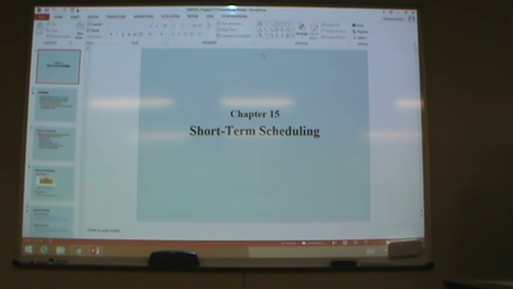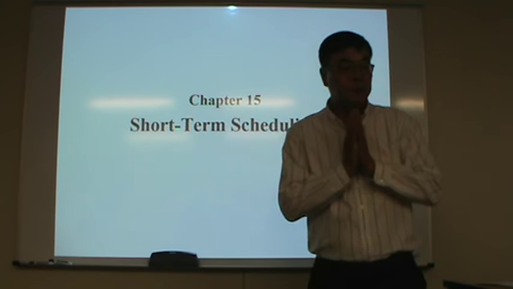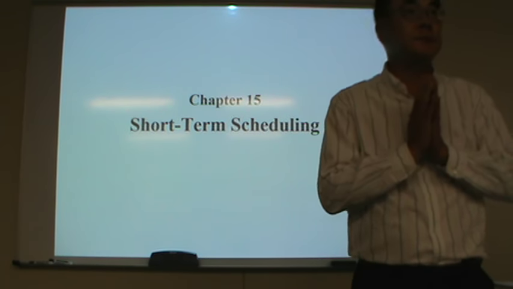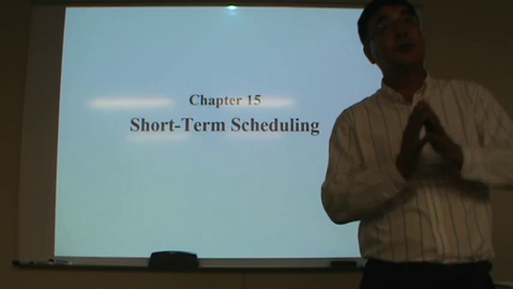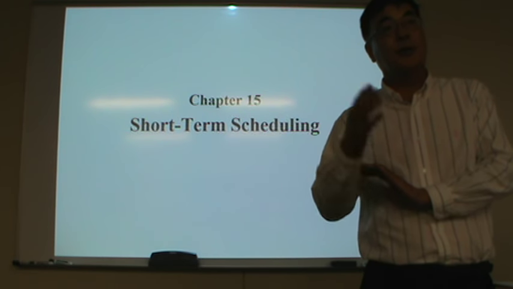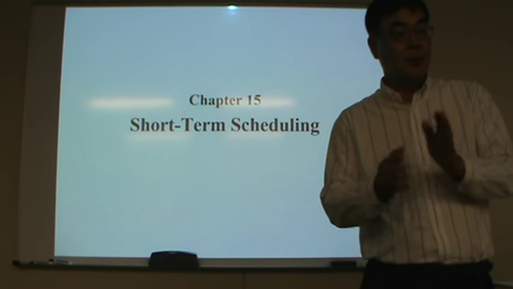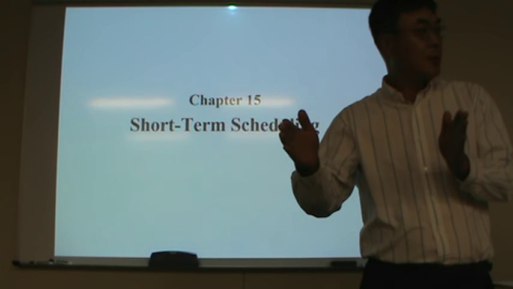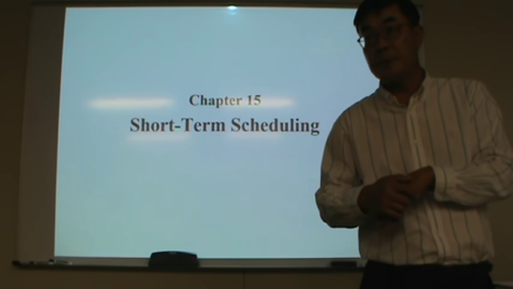Chapter 15 is about scheduling. If we have planned to produce 1,000 of whatever product next month, then how can we allocate the first week, second week, third week schedule, right?